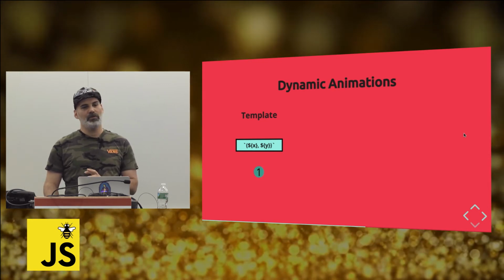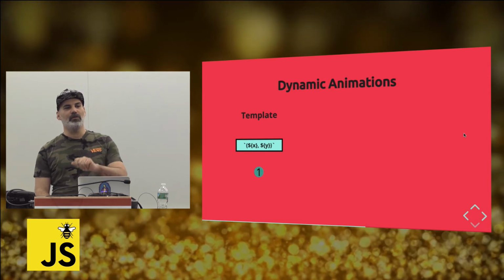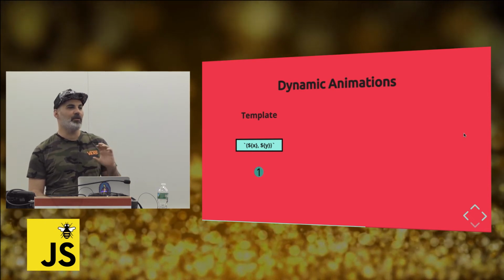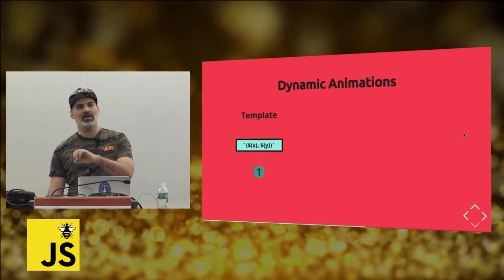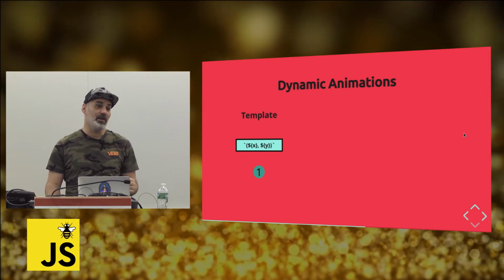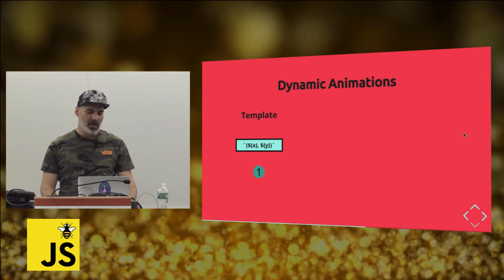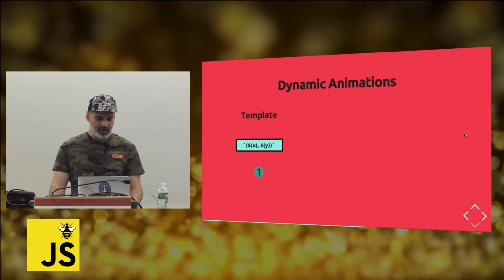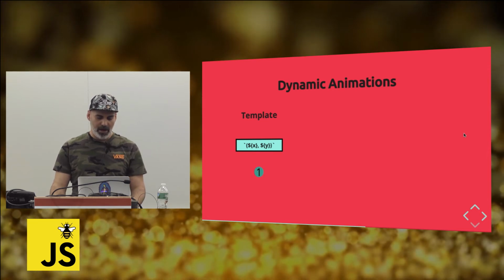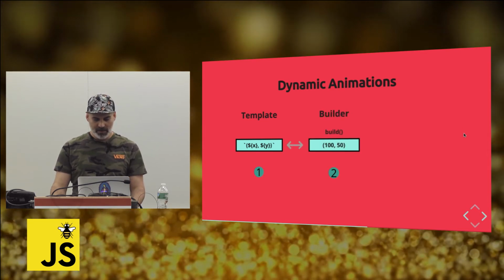And I'm going to show you a demo, in which I'm going to be moving the mouse, and I'm going to create a specific animation from the original initial position to the latest position of the mouse. So let's look at how that would work. Here we start with a template that will take the X and the Y, as you can see here.